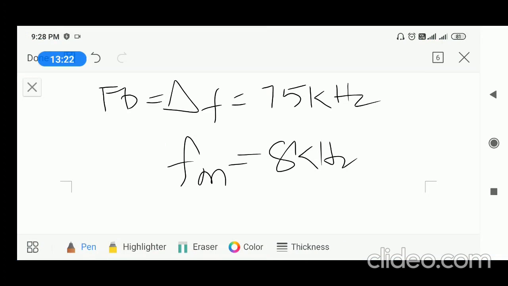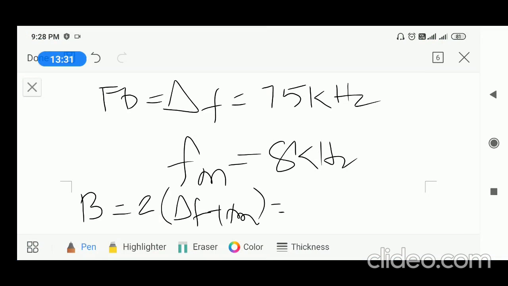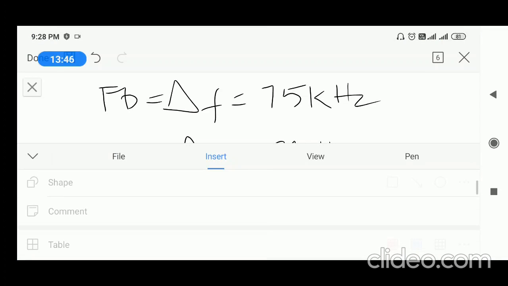And what is the bandwidth? It's very simple. The bandwidth of an FM signal is 2 times (delta F plus FM). Delta F is 75 kilohertz plus the modulating frequency 8 kilohertz, into 2. So 75 plus 8, 83, into 2.